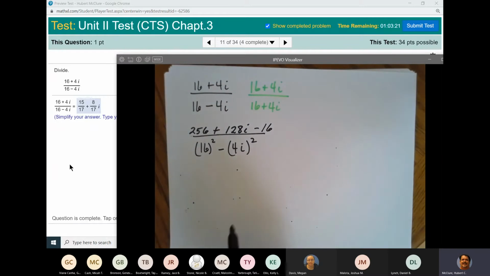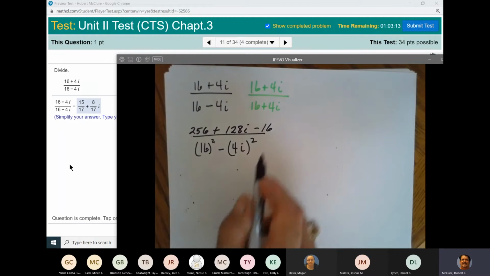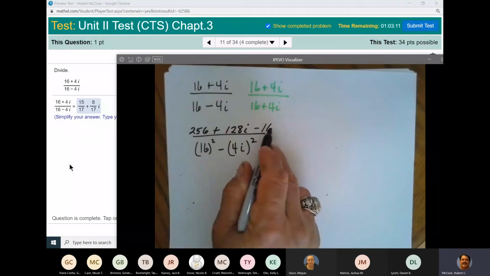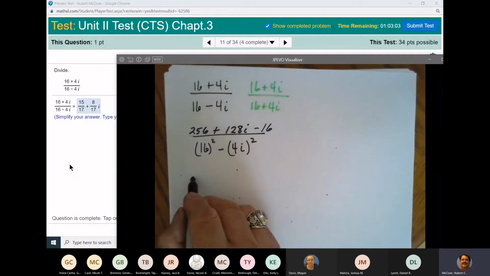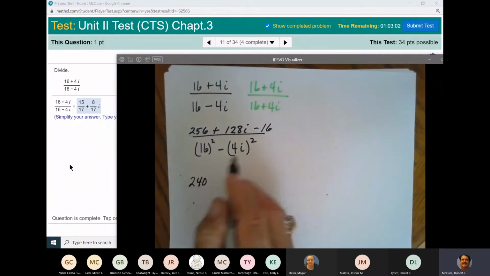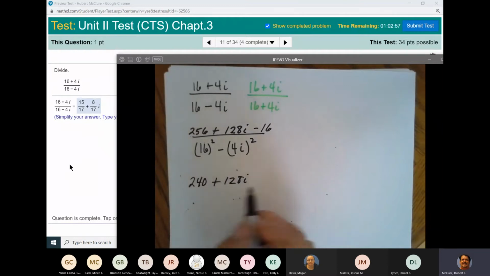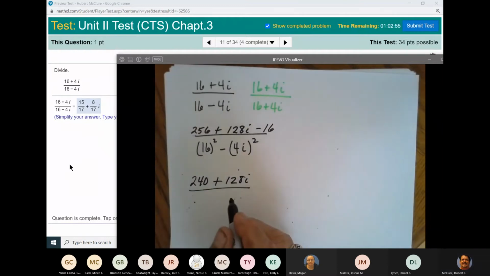I think that's right. Somebody multiply 16 times 4 times 2. I think it's 128. I got 128. And then 16 from 256 is 240? So that's going to be 240 plus 128i over, well, 16 squared is 256.